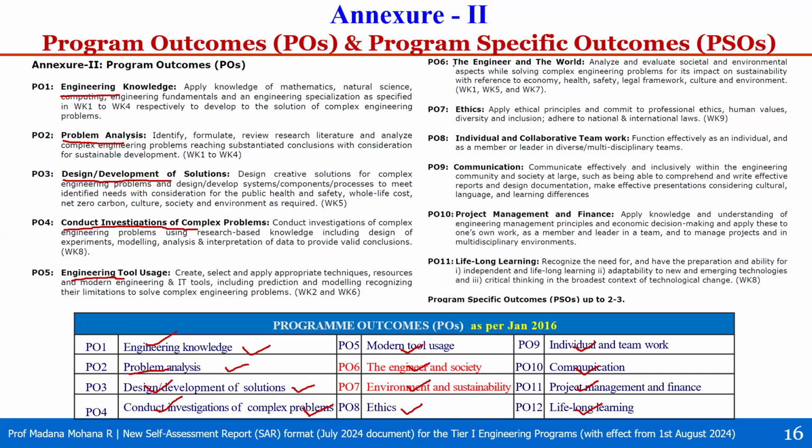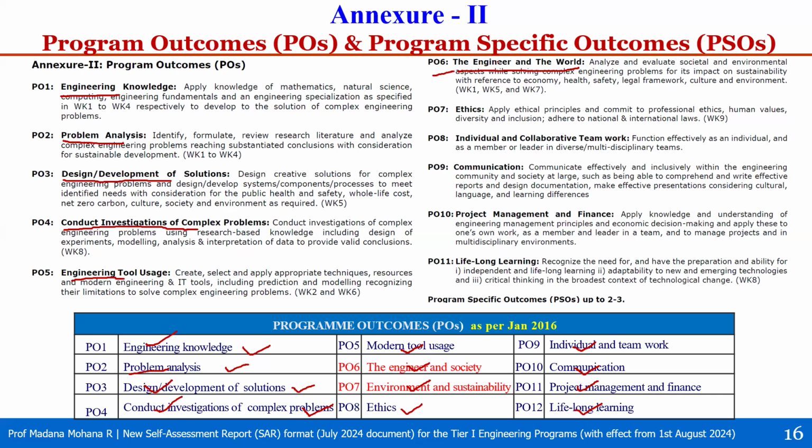Now here you can see PO6, the engineer and the world. But in the old one, PO6 is the engineer and society, then PO7 environment and sustainability. These two are combined now. So as per the January 2016 document, PO6 and 7 are combined into 6.